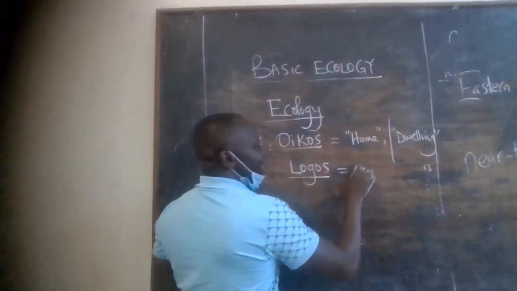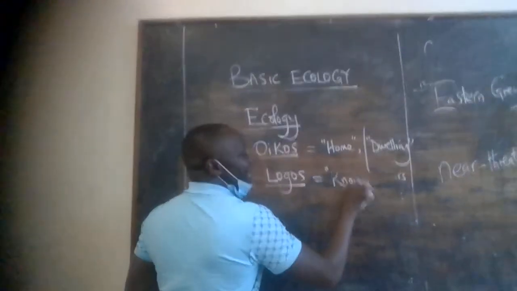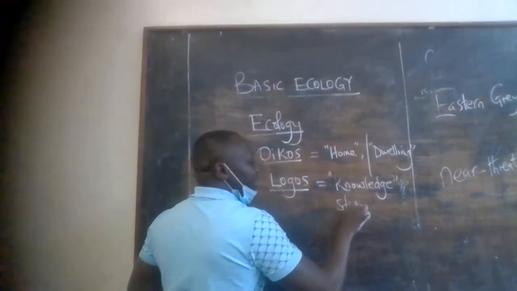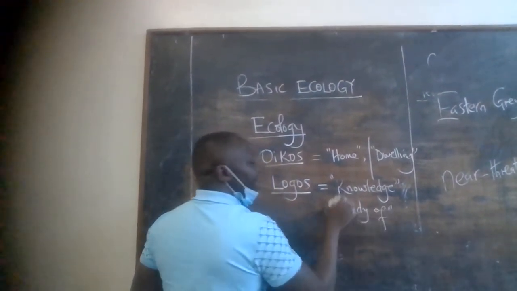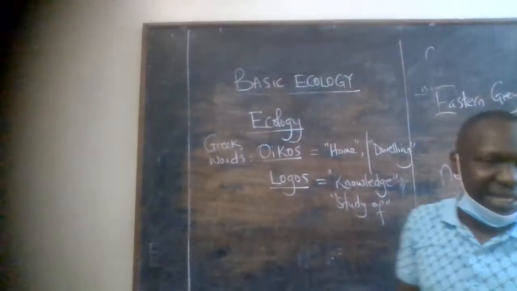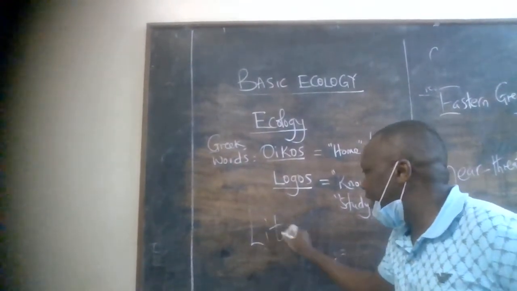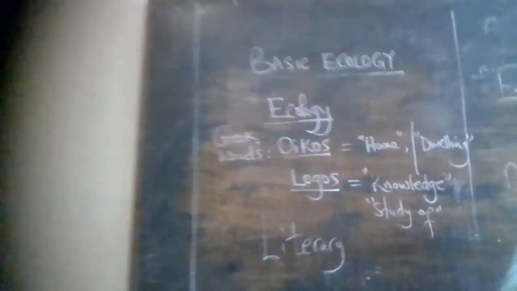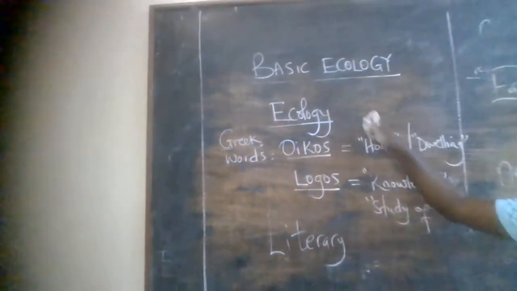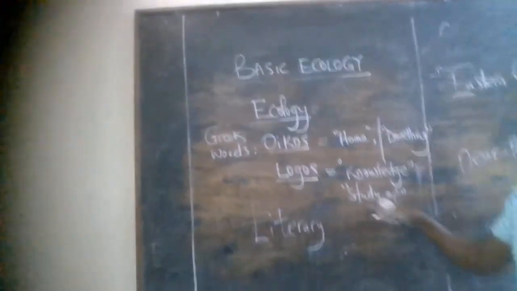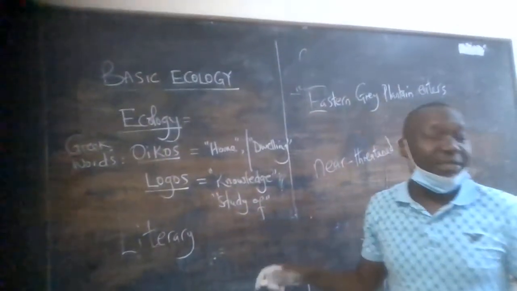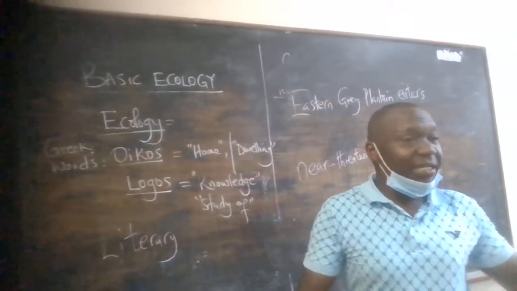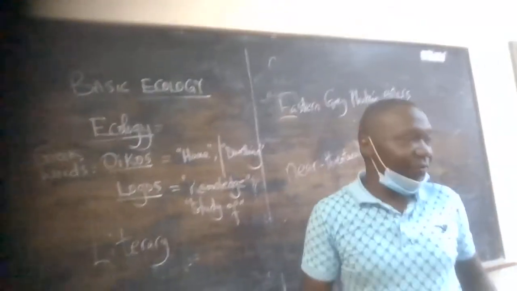And the other one, logos, means knowledge, study of, literally, from the dictionary definition. Ecology would mean the study of homes of living organisms, the study of places where living organisms live.